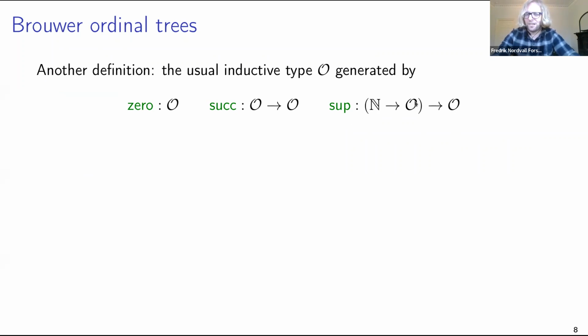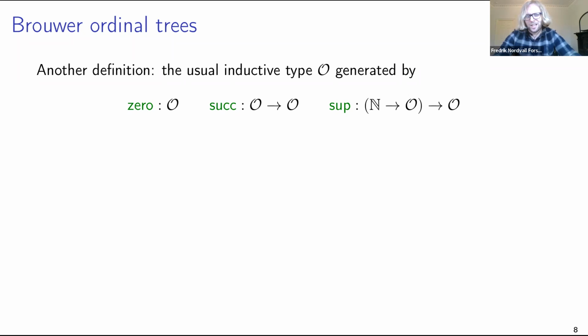We say that if you have a countable sequence of ordinals, then you should be able to take the limit, right? So this looks a lot like the thing we used for the transfinite iteration, where we said that an ordinal is either zero, successor or a limit. So that a priori looks very nice, and it's a common exercise in dependent type programming to work with these things and define addition and things on them.